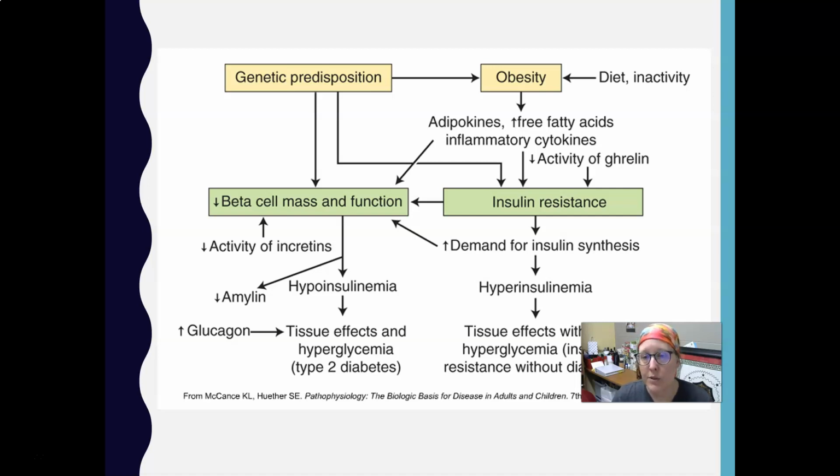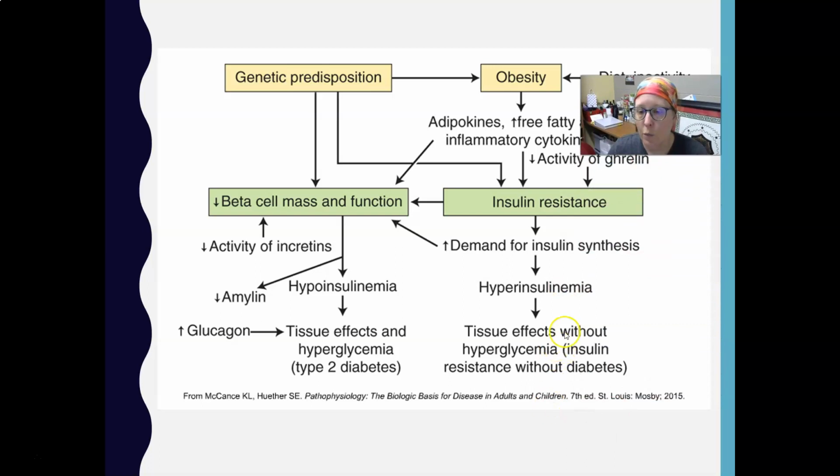You develop insulin resistance from all of these things present, and the inflammation, adipokines, and all of that. You start getting a decrease in beta cell mass and beta cell function. When you're in insulin resistance, you'll have hyperinsulinemia, and you can get tissue effects without hyperglycemia, so it is possible to get insulin resistance without diabetes.